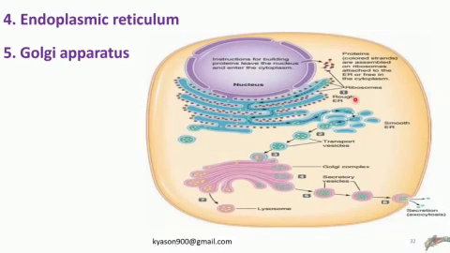These names are given because the rough ER has a granular appearance because of structures that look like granules around it. Though these are not granules, these are just ribosomes on its outer surface. The smooth one lacks those ribosomes. That's why it's called smooth endoplasmic reticulum.